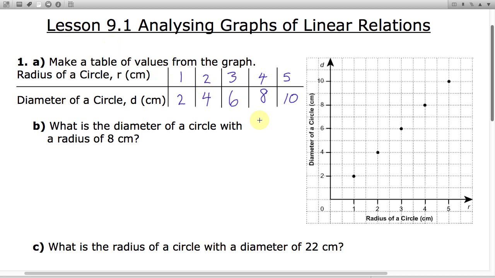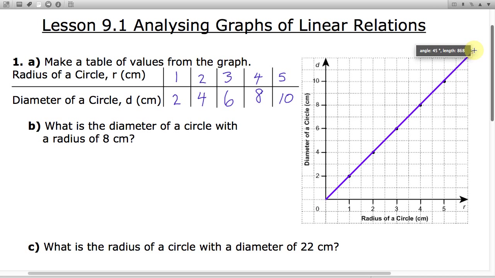But of course, if a circle has a radius of 0, then the diameter is also 0. And I could just extend this pattern on, and if I went far enough, I'd be able to figure out that when r is equal to 8, you'd have d equals 16.